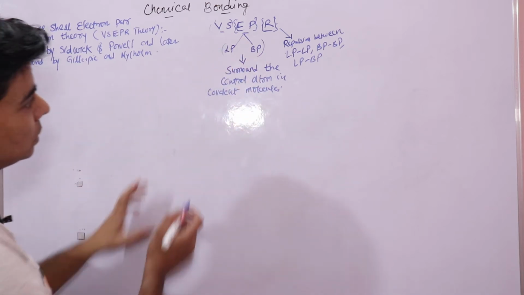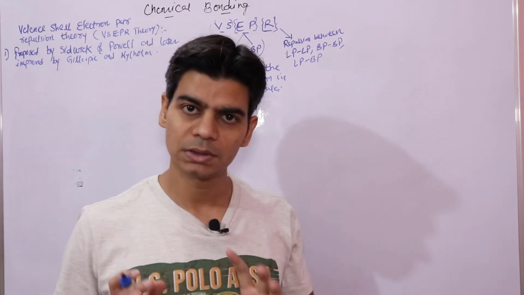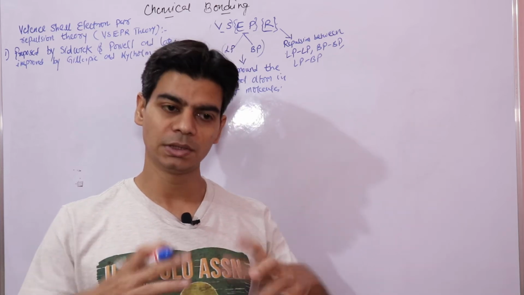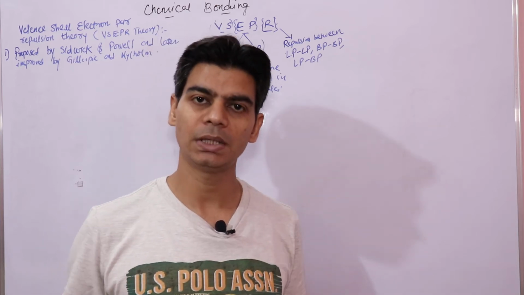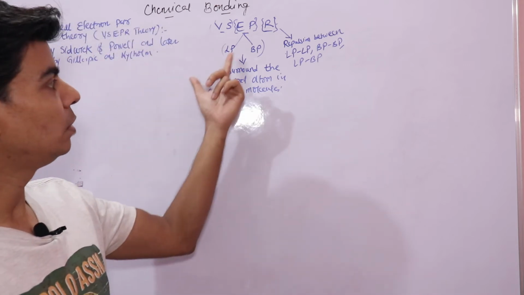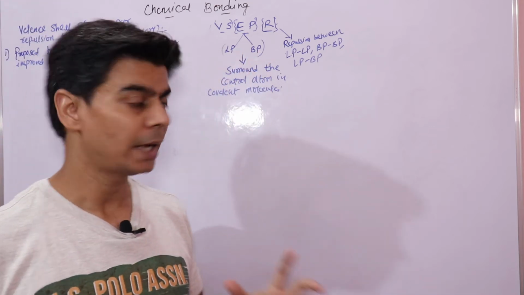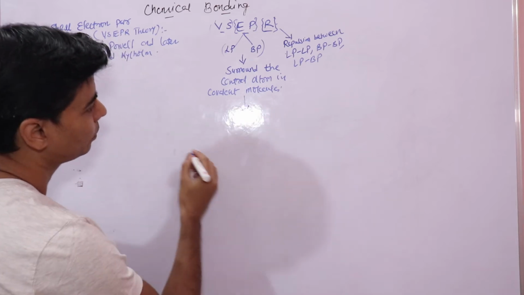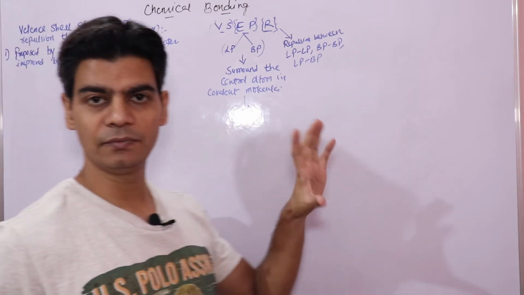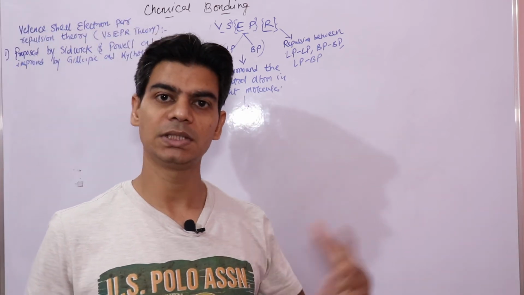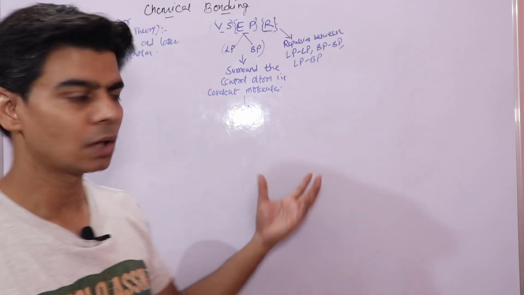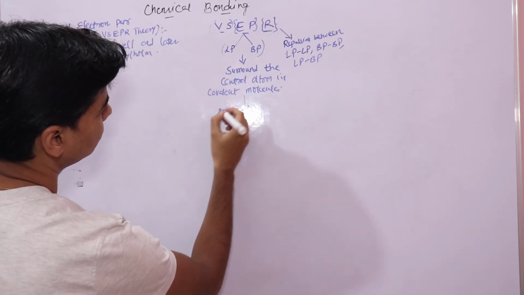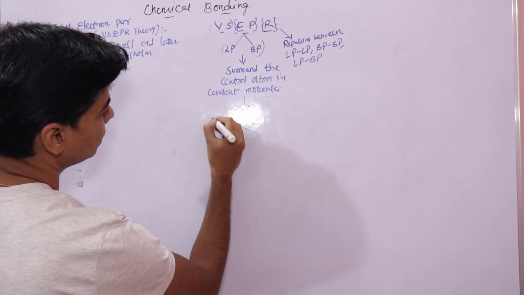What shape the molecule will take depends on the lone pairs and bond pairs, and the repulsion between them. That's why we say the VSEPR theory tells us the shape of molecules.